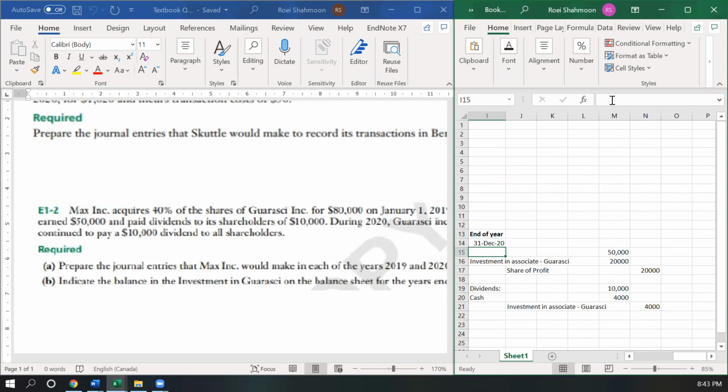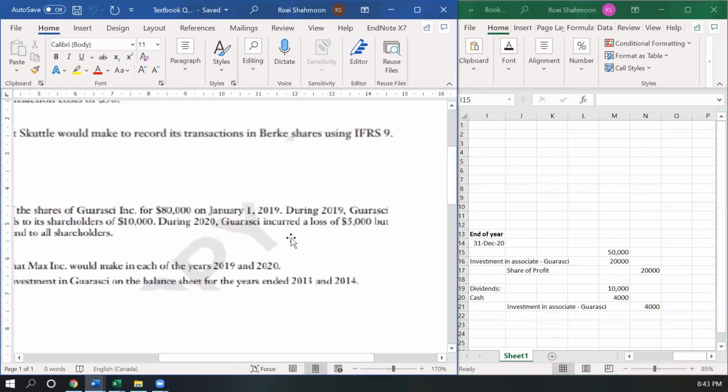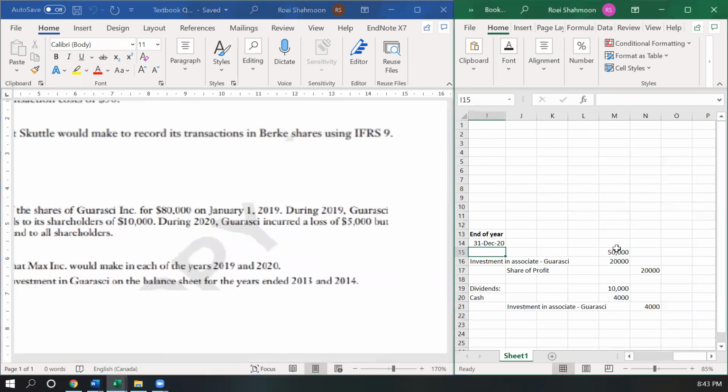Over here. So in this case now, what is the earnings that they got? Well, look at that, guys. They got a loss of 5,000. So this becomes minus 5,000. Right? So if I copy that, I get 2,000 technically, minus 2,000, right? But I'm going to put here 2,000.